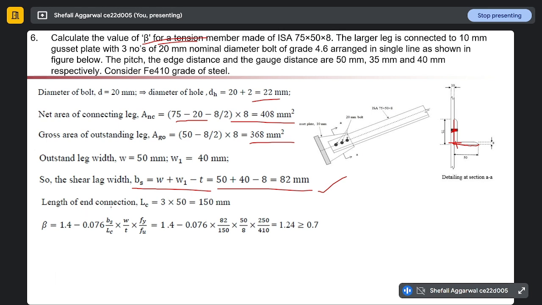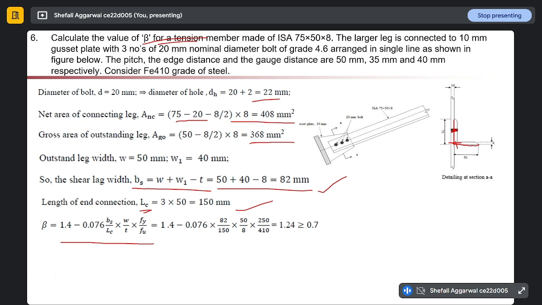Then length of end connection LC will be given as 3 into 50, because 3 is the number of bolts we are using. So multiplied by 3 we are getting 150 mm. Then beta value will be given by the formula 1.4 minus 0.076 BS upon LC into W upon T into Fy upon Fu.